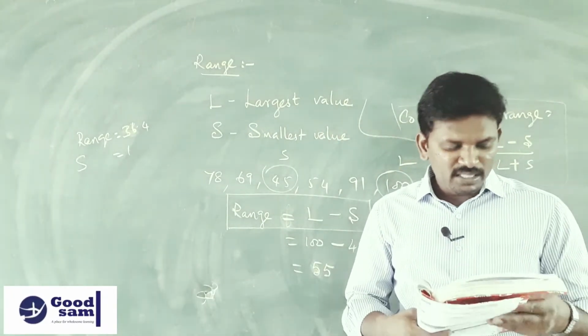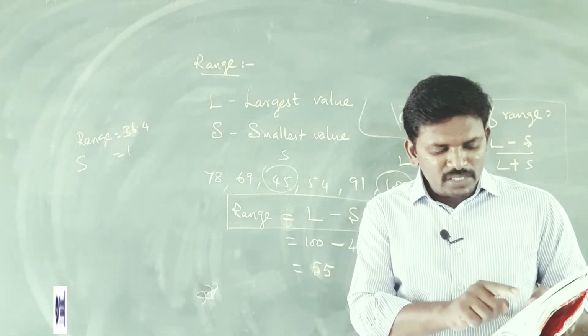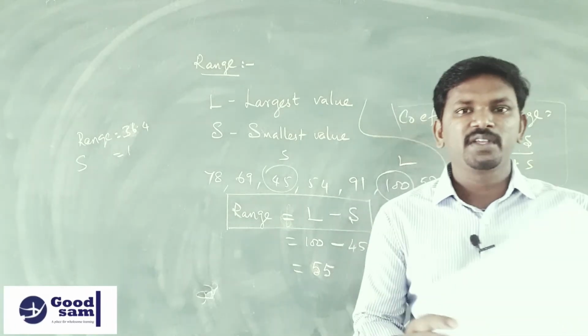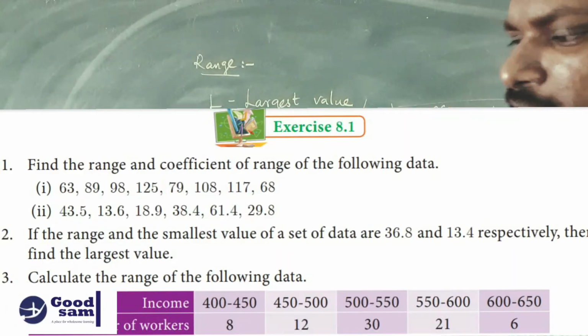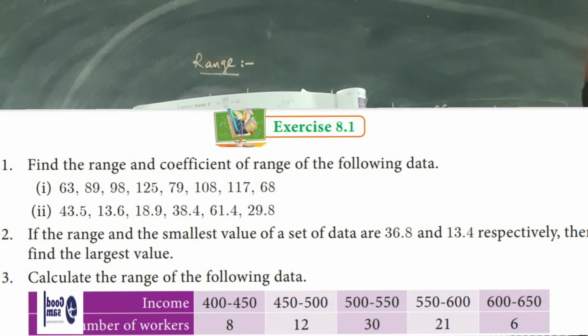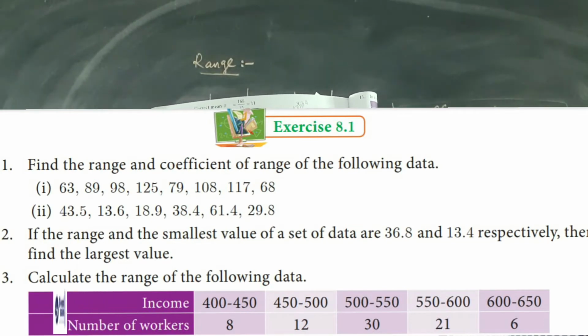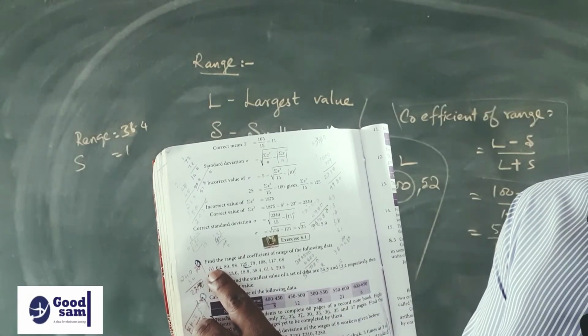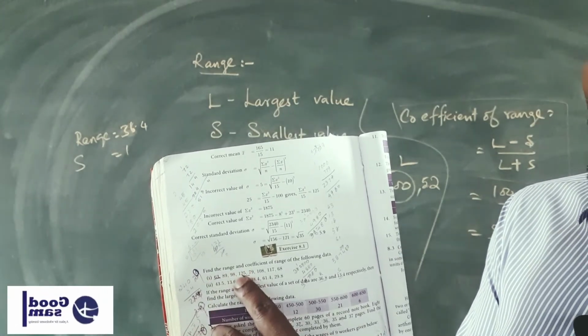Very simple. The first question is: find the range and the coefficient of range of the data given below. So here in the first one, some data are given. Find the smallest number and find the greatest number.